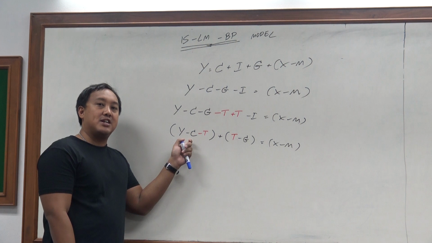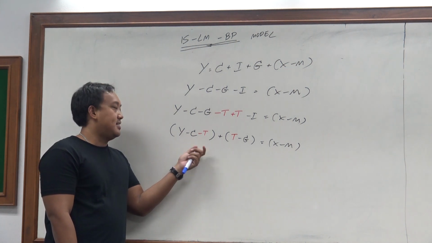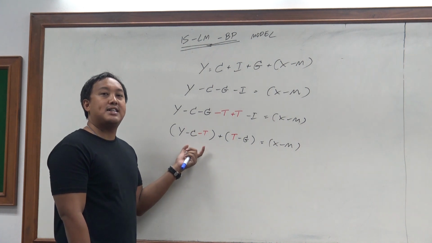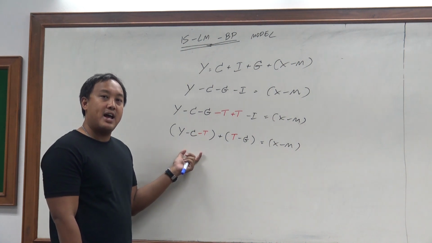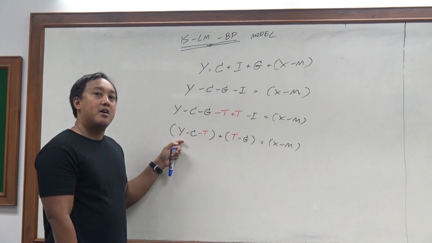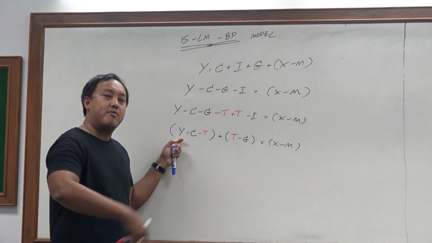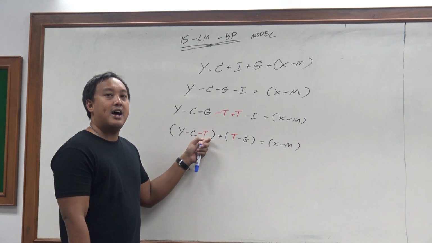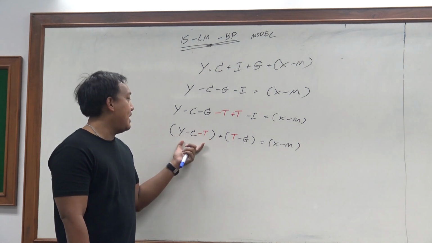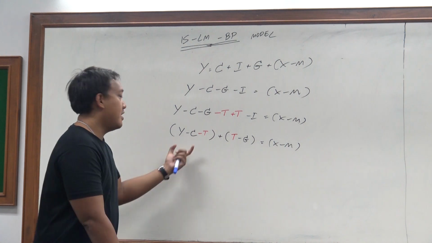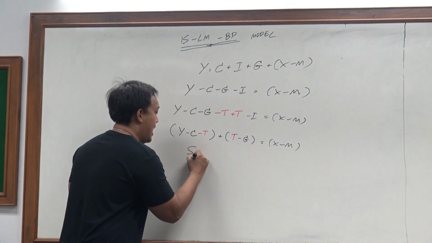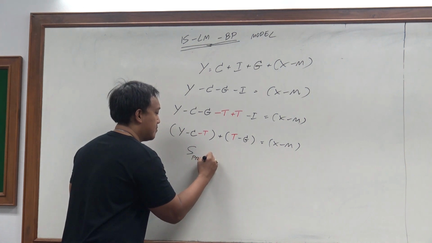Your income after paying for consumption and paying for tax, the money you have left, we're going to call it the saving of the people, the income of the whole country after they pay for consumption and taxes. This is considered the saving of the people. We call it private saving.